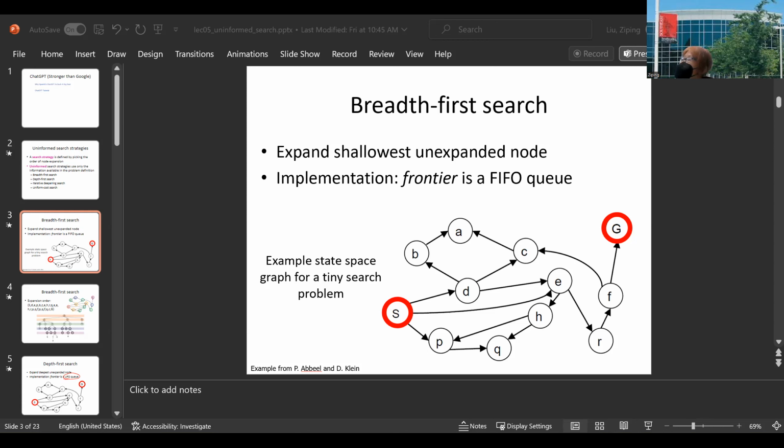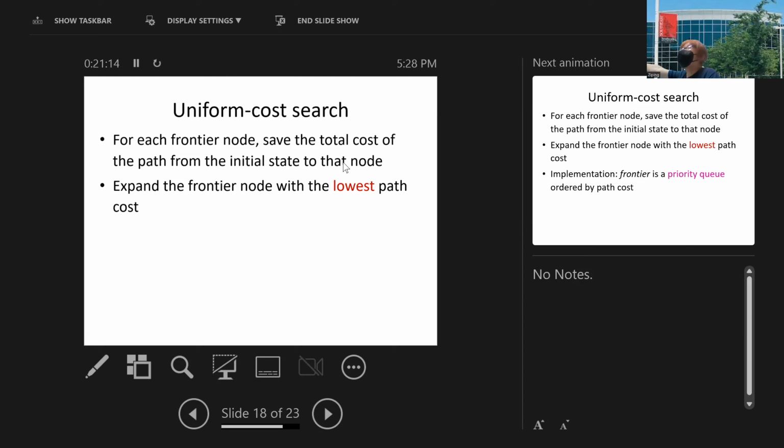Here, the key point is that for a frontier node, we also save the total cost of the path from the initial node to that node. Remember Dijkstra's algorithm? It does this. You consider the cost. That's why we try to find the least cost paths.